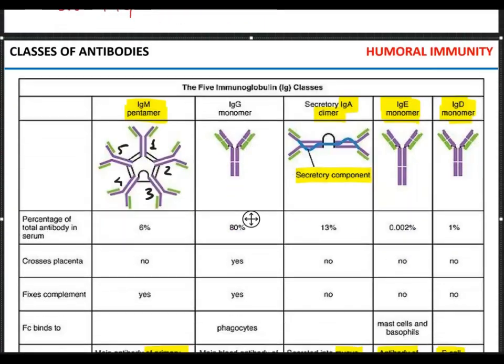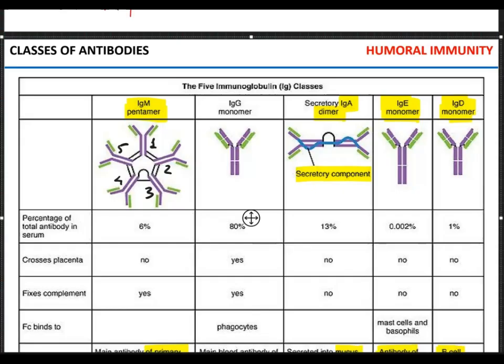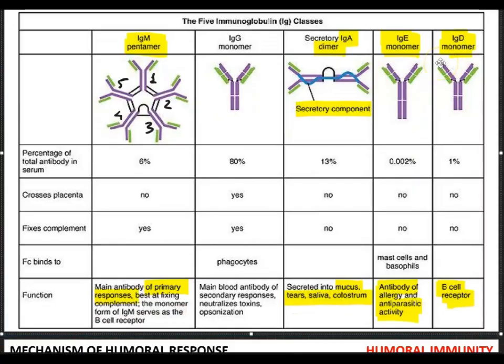These antibodies, IgMs, have low affinity but high avidity because they're 10 sites. Another important feature of IgMs, they activate complement. Remember the classic pathway that we talked about last week? They're really good at it.